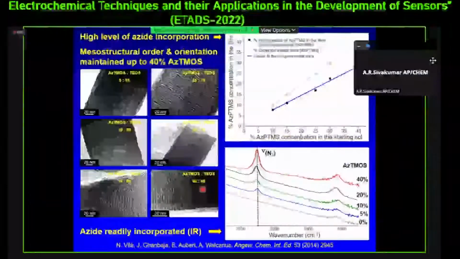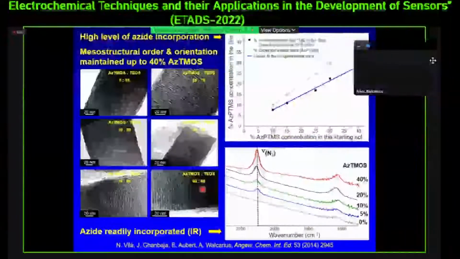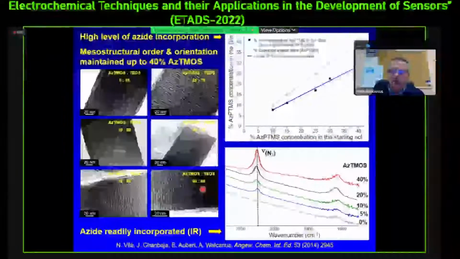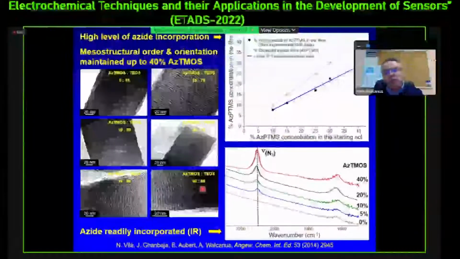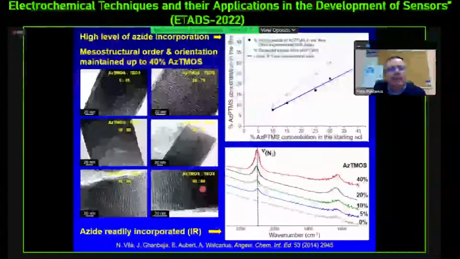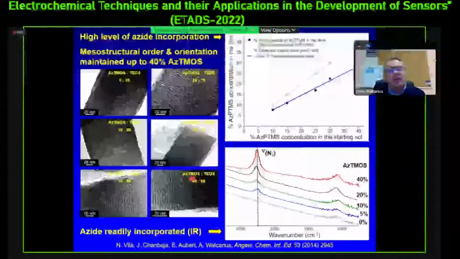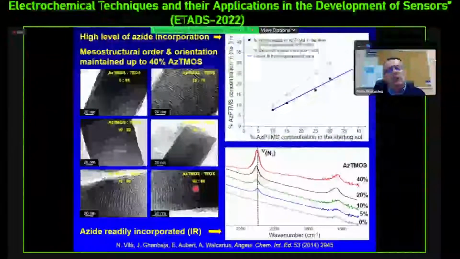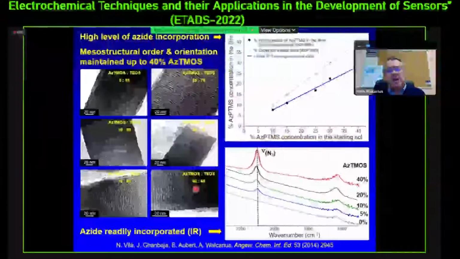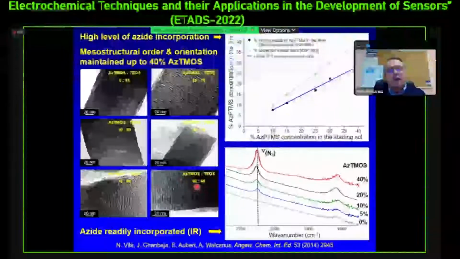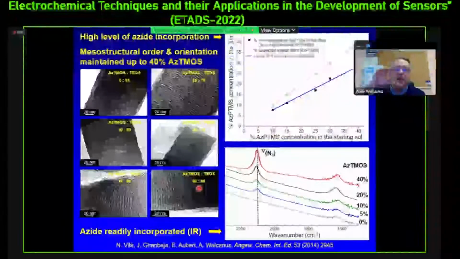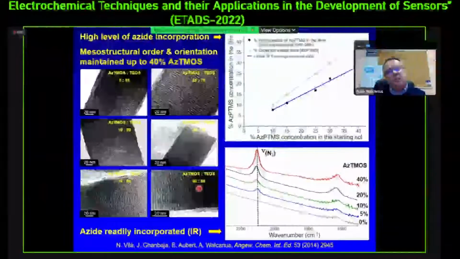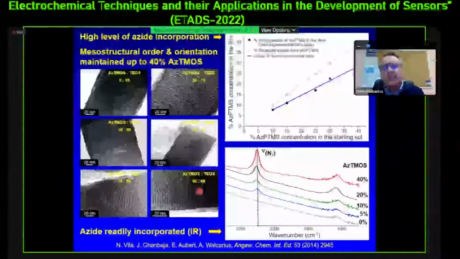It's quite surprising, because usually when you do some co-condensation between an organosilane and a tetraethoxysilane, you are limited to 10 to 20%. In that case, we think that the zwitterionic characteristic of the azide groups acts as a stabilizing effect between the negatively charged silica surface and the positively charged surfactant.